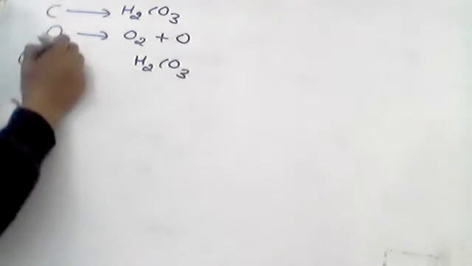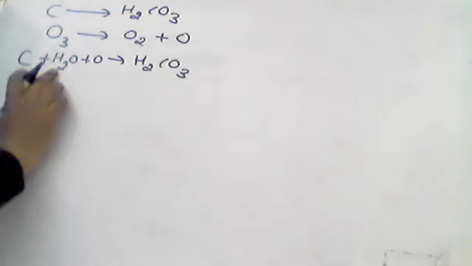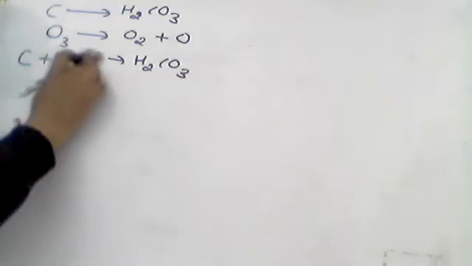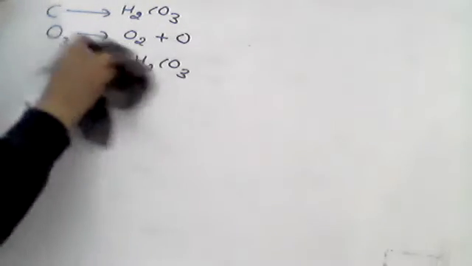So carbon I can balance, oxygen also I can balance, but I cannot balance the hydrogen. To balance the hydrogen, definitely I'm going to add H2 on this side, nascent oxygens. Let's see, carbon is balanced, hydrogen is balanced, oxygen is not balanced. So here I'm going to add two nascent oxygens. Little space, let me write it again.